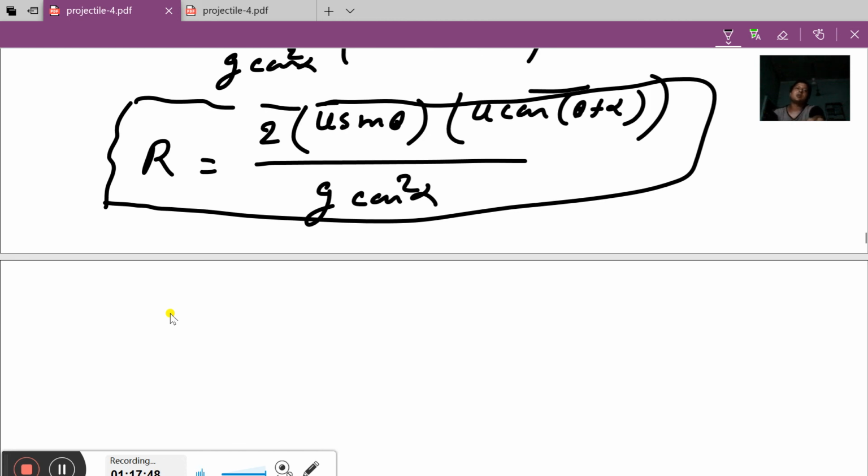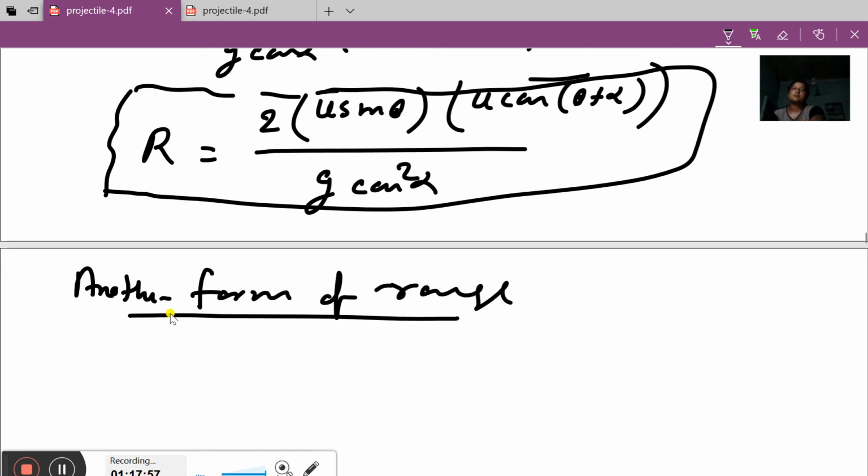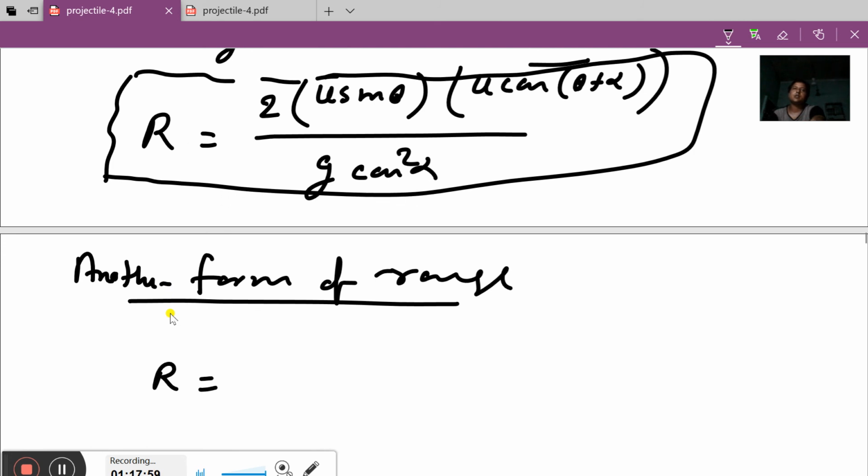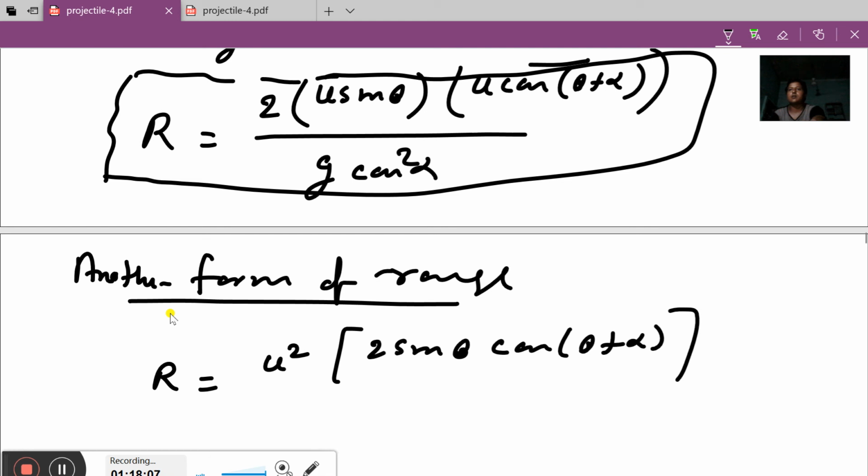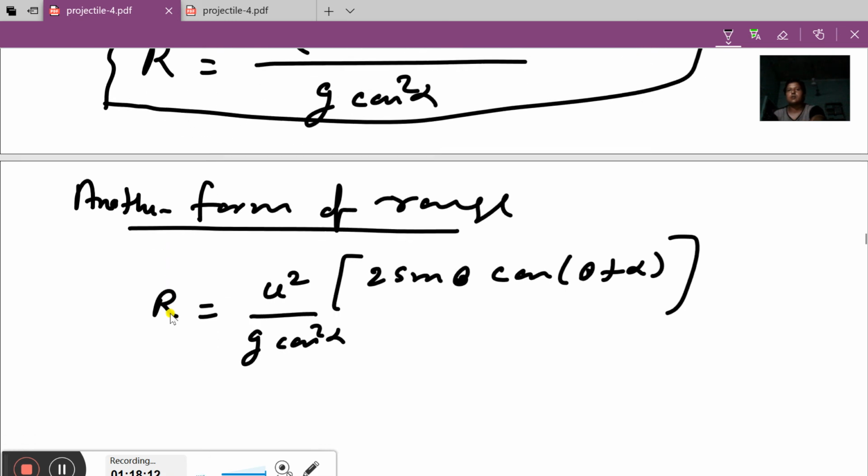Or we can arrange another form of range. R is u square 2 sin theta into cos theta plus alpha divided by g cos square alpha.